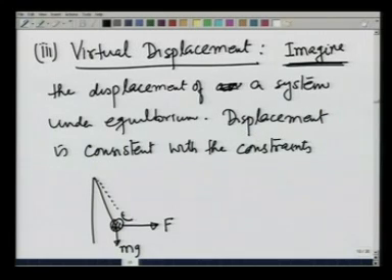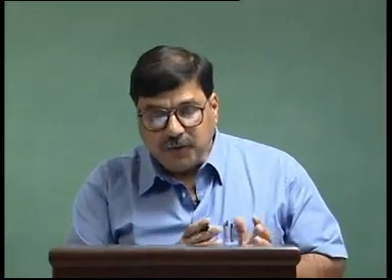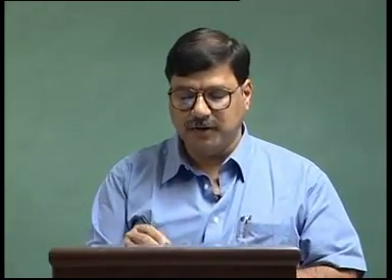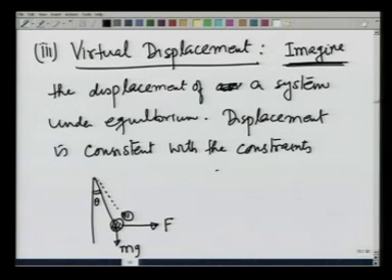This is the only way I can displace the pendulum. No other way, because this is the only degree of freedom allowed, that is, I can change only theta. So, this displacement is consistent with the constraint, but it is actually not moving. I am imagining as if it has moved, and this is known as virtual displacement. It is usually given by the symbol delta. So, delta theta is the virtual movement or displacement.